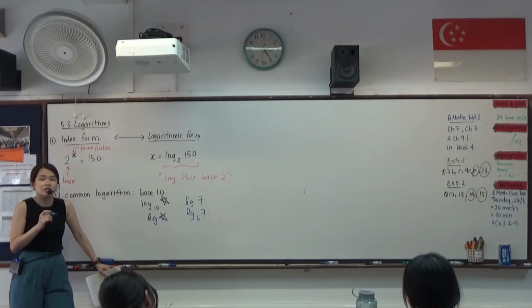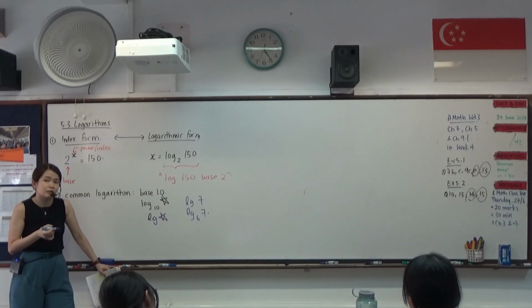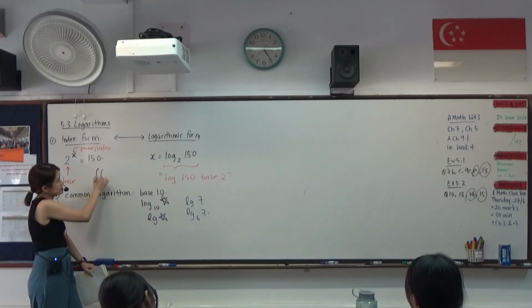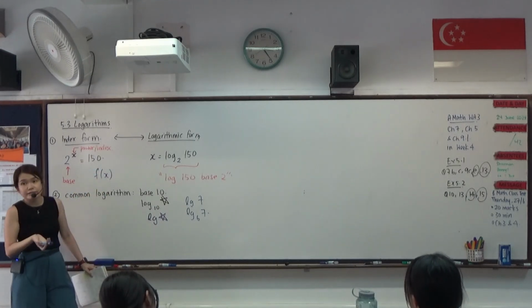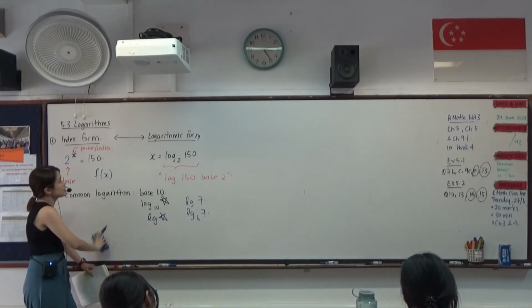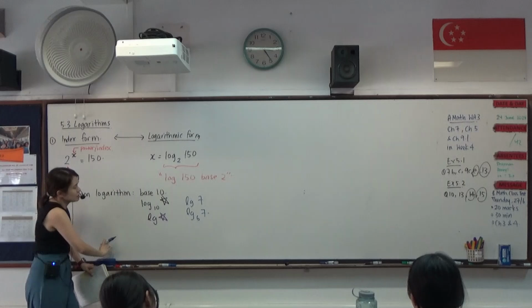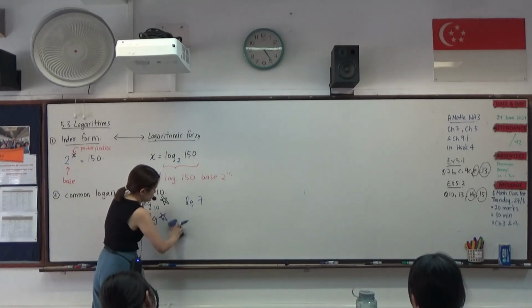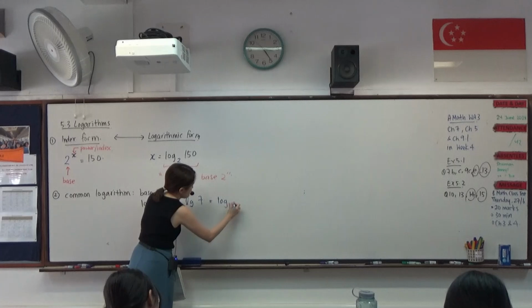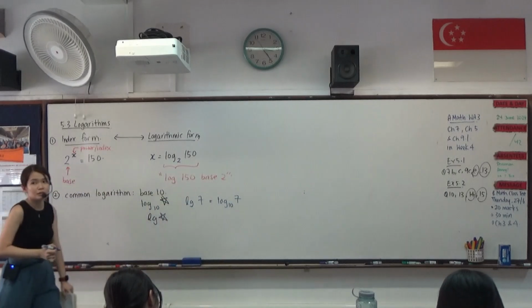It is not a short form, it is not an operation, just like your f(x). Function f(x) is not f times x. It is a notation itself. So please don't abuse notations. So no such thing as this. This LG7 has the same meaning as log 7 base 10.